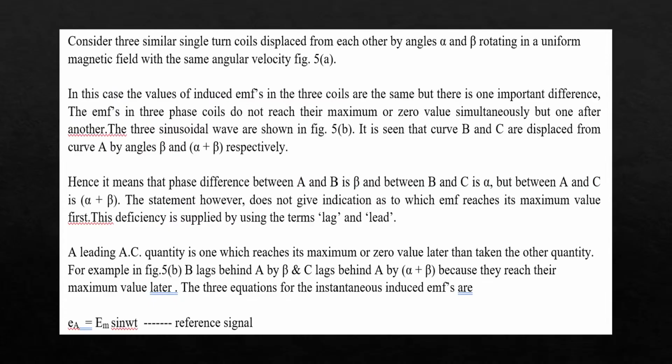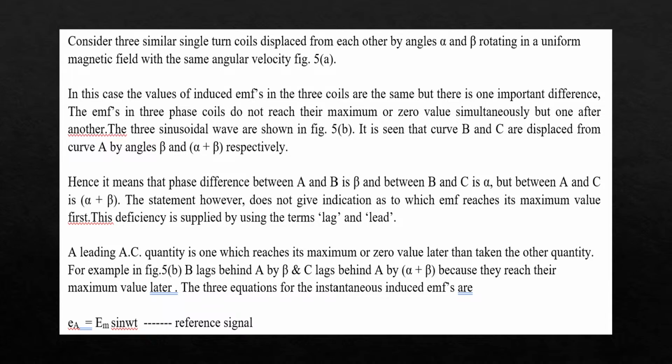If you think about it, it means the phase difference between A and B is beta, and between B and C is alpha, and between A and C it is alpha plus beta. The statement, however, does not give an indication of which is ahead. This deficiency is supplied by using the term lag only.